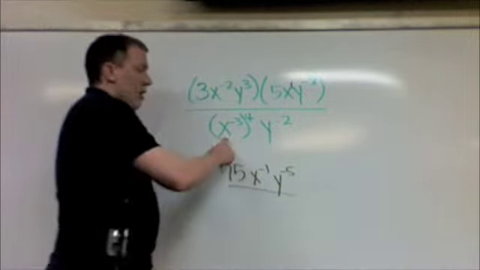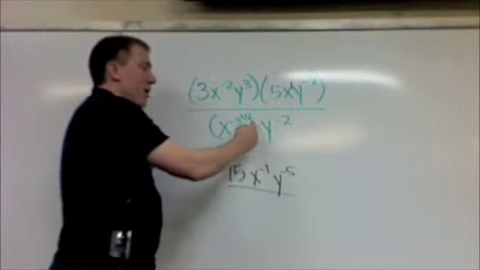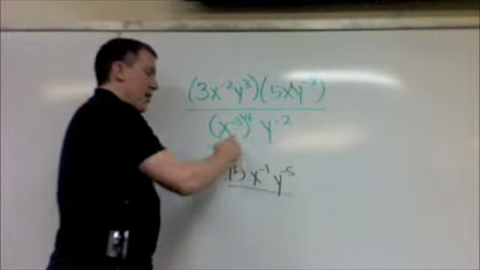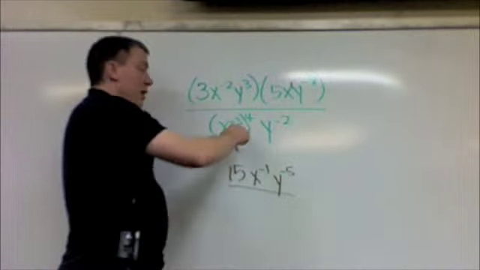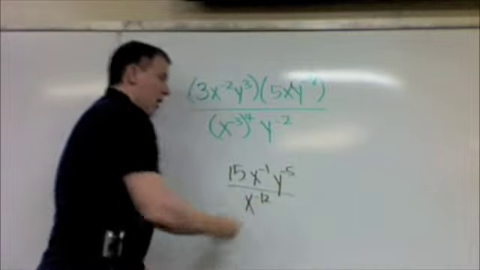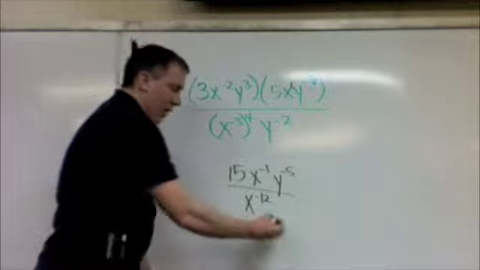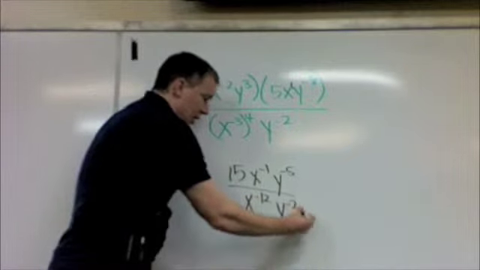So x to the negative 3 to the fourth means that I have to multiply because it's a power to another power. Negative 3 times 4 is negative 12. X to the negative 12. And y to the negative 2, there's nothing to simplify yet there, so I'll just write it as is.